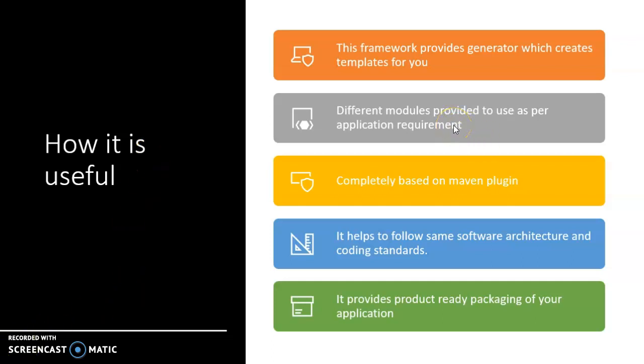This framework provides different modules. We will see in the upcoming slides what those modules are, but you just have to select one or more modules depending upon the requirements of your application. Once you select them, you just have to fire a single command, answer a few questions, and that's it. Your complete project structure is ready within a few minutes. And this is really the beauty of using this framework.